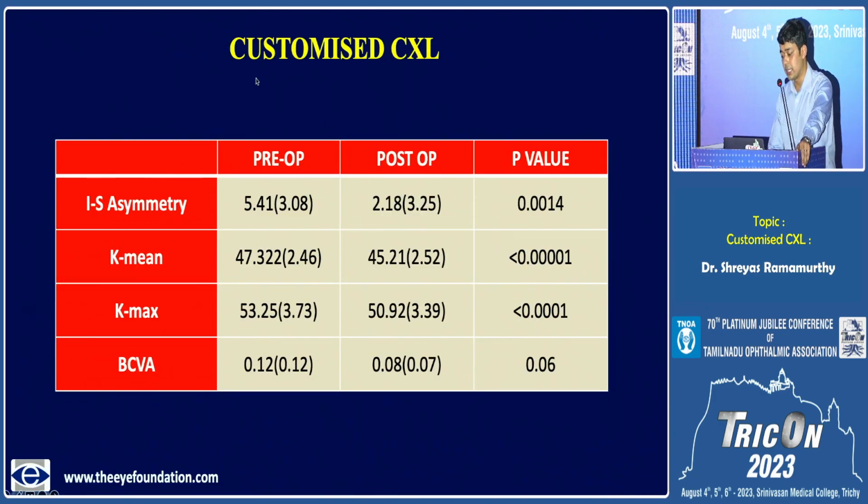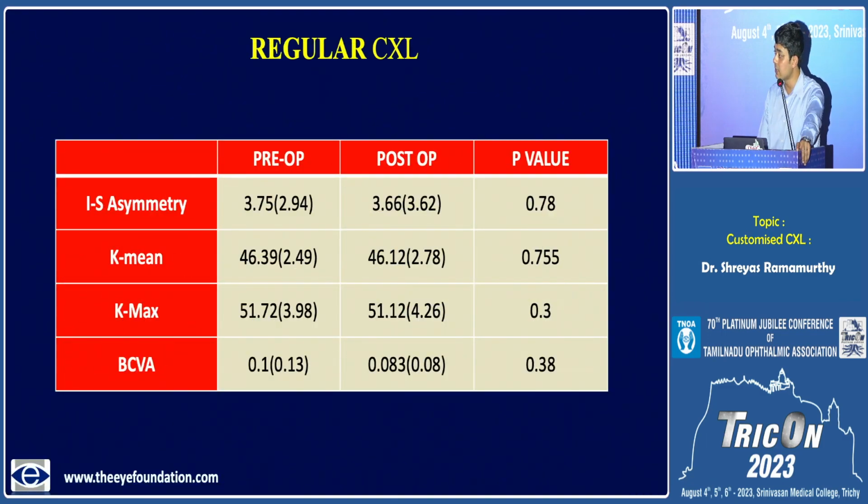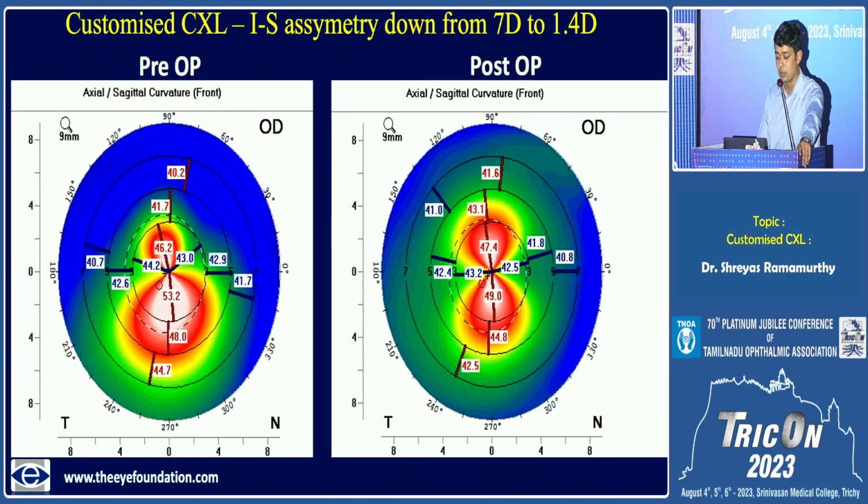In the customized CXL group, you can see that the extent of ISA symmetry, the amount of flattening of the K-mean and K-max were all statistically significant. BCVA, while approaching significance, did not really reach a significant value. Whereas the same amount of improvement in ISA symmetry or K-mean or flattening of the K-max, we did not achieve with the standard accelerated CXL protocol.